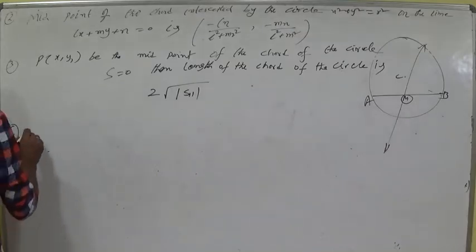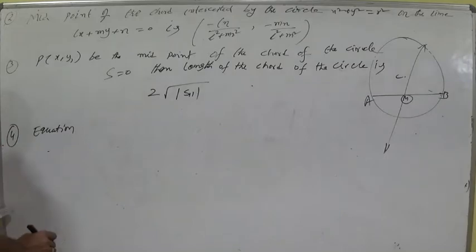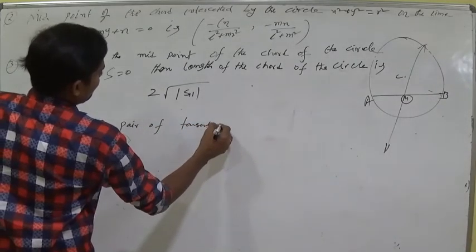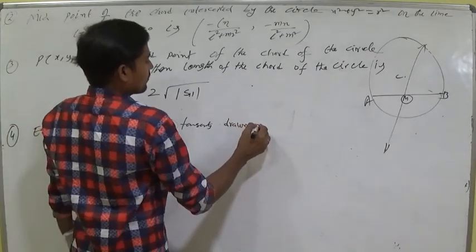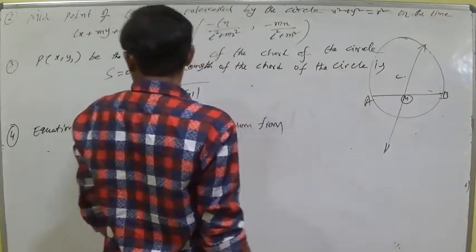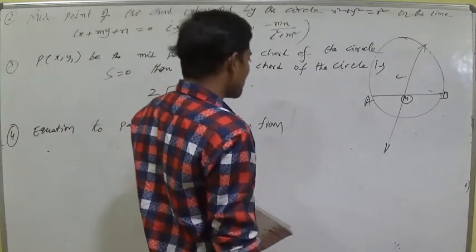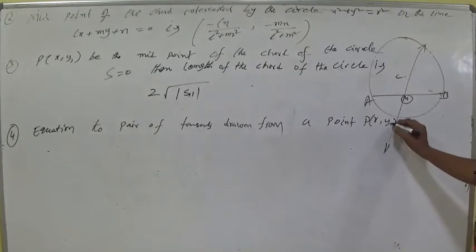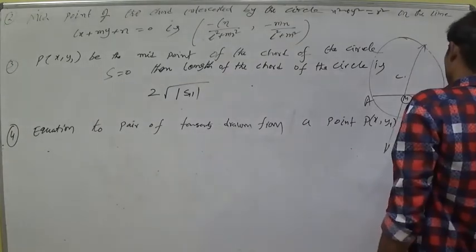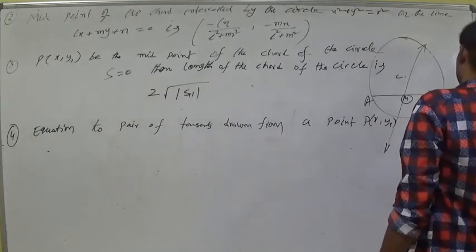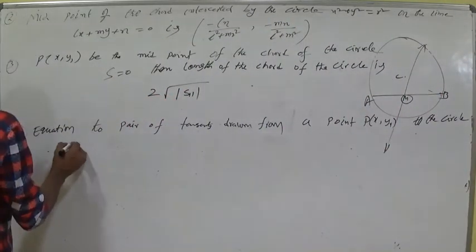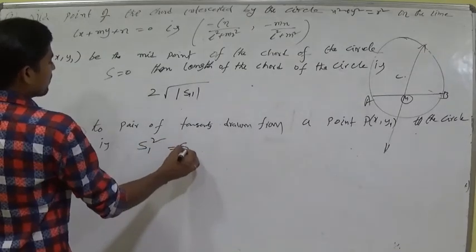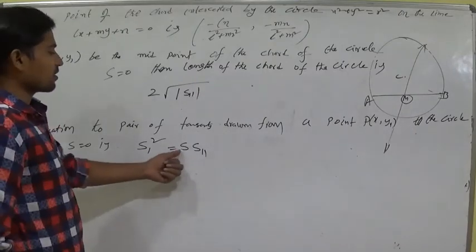The equation to the pair of tangents drawn from a point P(x1, y1) to the circle S equal to 0 is S1 square is equal to S into S11.